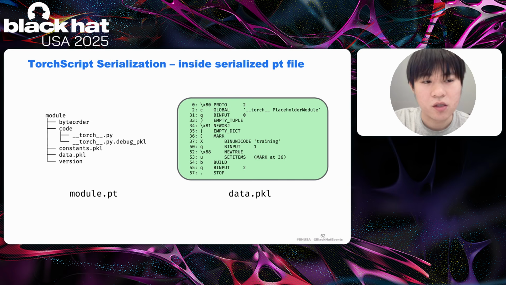Above is the disassembled output of data pickle. The meaning of this pickle code is to create an object named torch placeholder model and set its training attribute to true. And the torch placeholder model object is a script model. So when interpreting data pickle, a script model object is created.